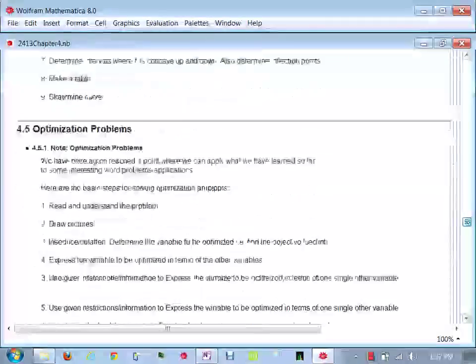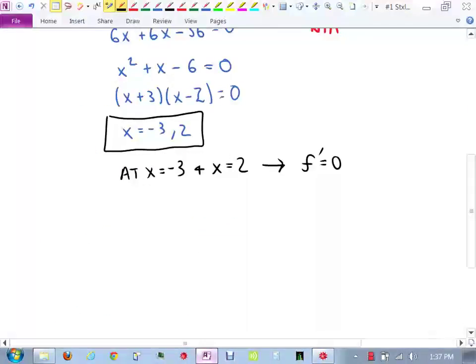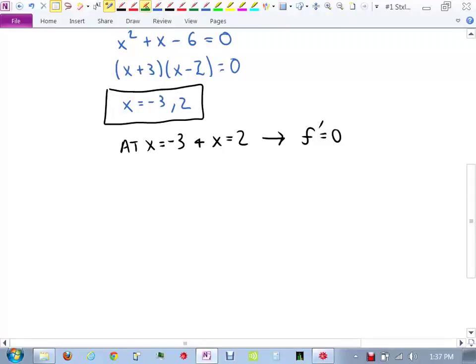So watch the way I'm going to do this. Once I get to this point, and this is going to be our standard practice from here on out, I'm going to draw a number line. I'm going to label the 2 points on my number line. Just make sure you get them in order. And I'm going to use that to partition my number line, in this problem, into 3 separate regions, right?